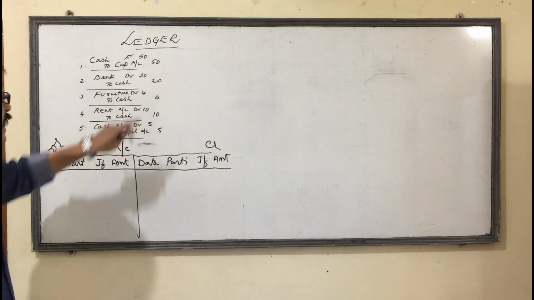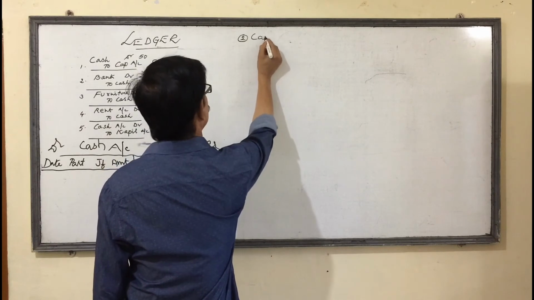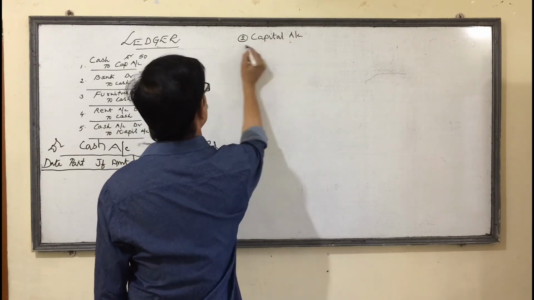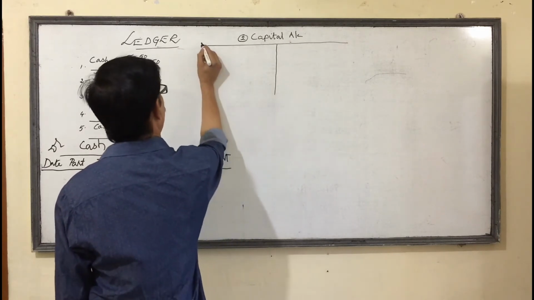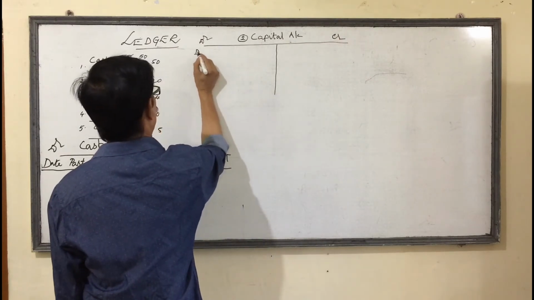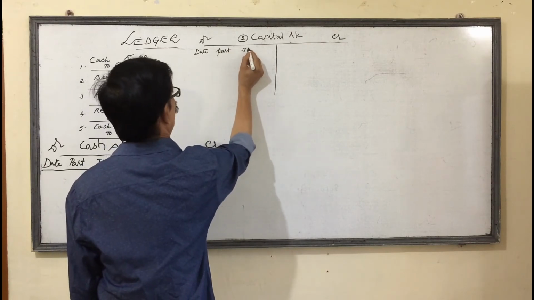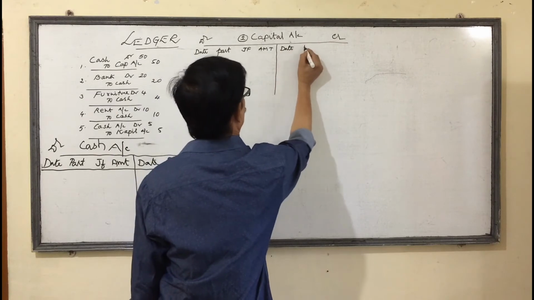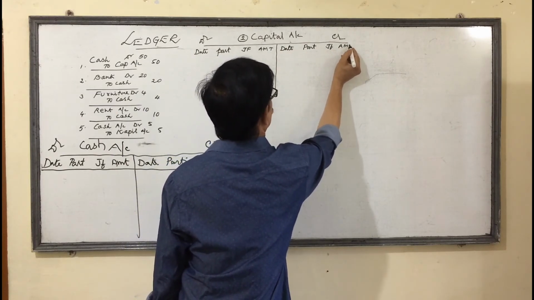Second one is the capital account. This is also in T shape. All accounts are in T shape, debit and credit. There are 4 columns: date, particulars, journal folio, amount.